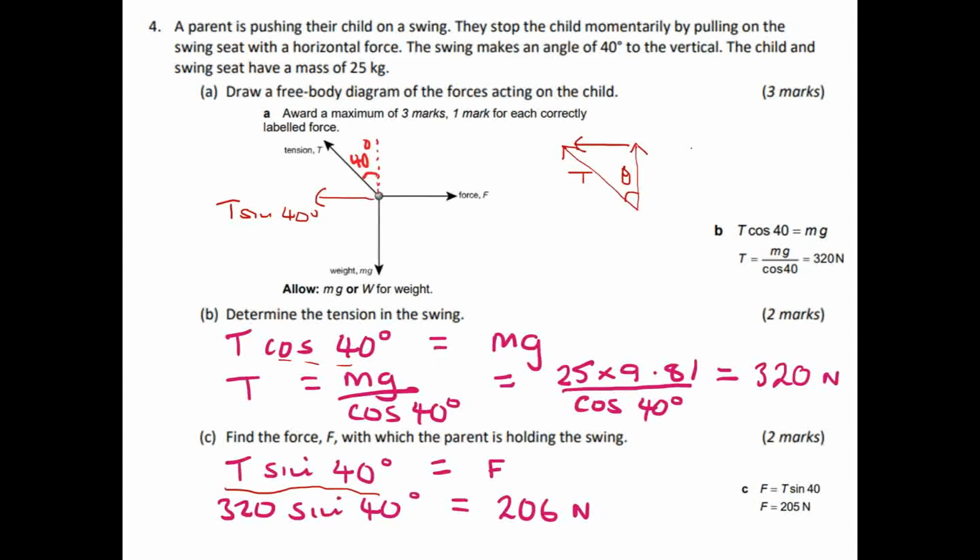So sine theta is equal to the one we want to find, which we can call T horizontal, over the hypotenuse. And so T horizontal is equal to T sine theta. So we put that in there as T sine 40 equals F.